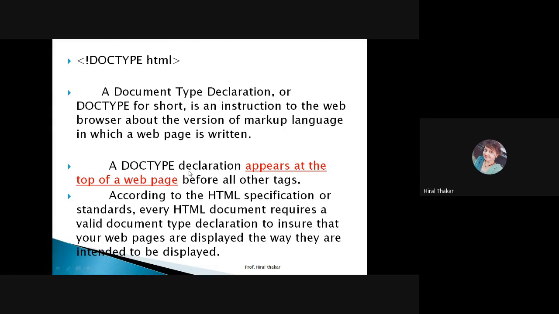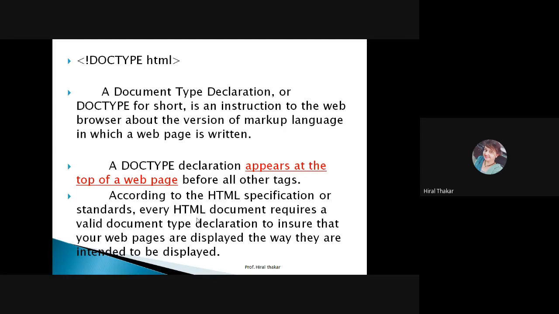A doctype declaration appears at the top of a web page, before all other tags. According to the HTML specification or standard, every HTML document requires a valid document type declaration to ensure that your web pages are displayed the way they are intended to be displayed.